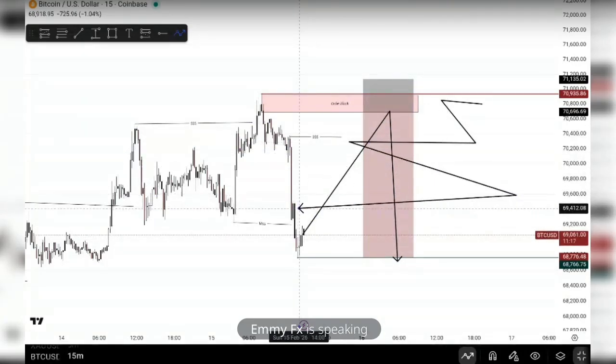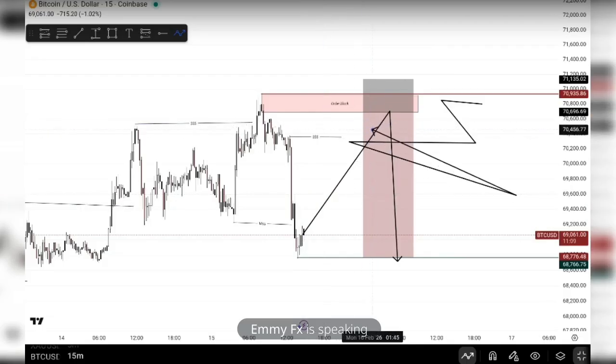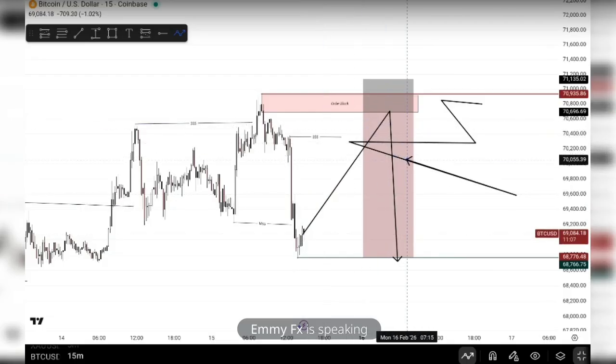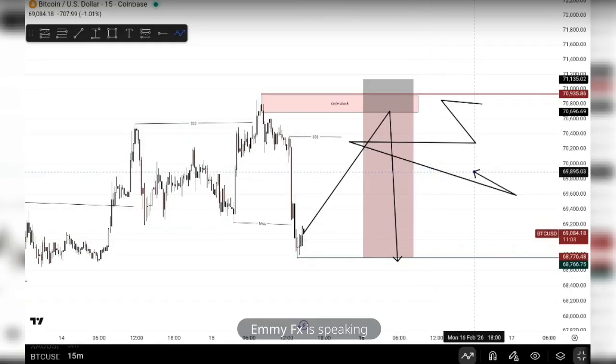For me, I will consider the first premium pricing array, which I use as my POI. I really need price to return back there to give me a sell to the downside. But if price does not return back there, I will be fine with the market, I will be fine with the movement.